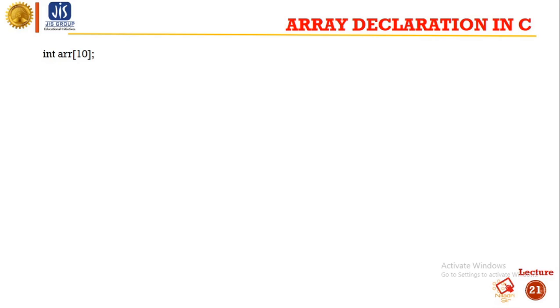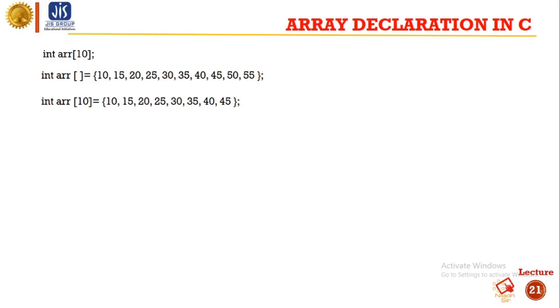That means ARR is an array variable of integer type which can store 10 integer values. This is how we can initialize it: int ARR with 10, 15, 20, 25, 30, 35, 40, 45, 50, 55. So this is how we can also define or declare an array.